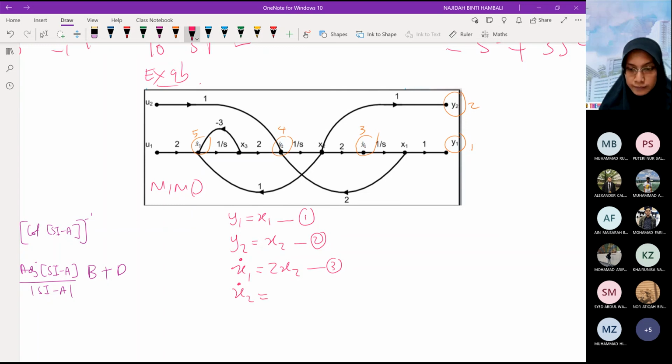X2 dot sama dengan X3 tambah U1. Very good. 2X3 lagi.